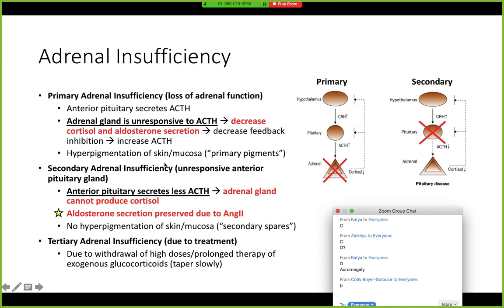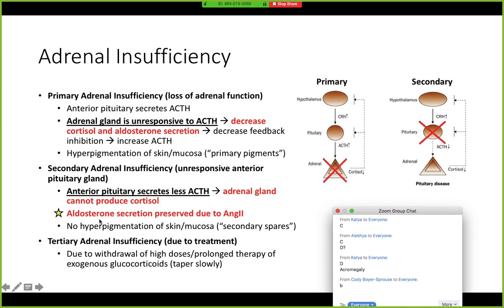So in secondary adrenal insufficiency, you have an unresponsive anterior pituitary gland. So your anterior pituitary gland is going to secrete less ACTH, and because you're secreting less ACTH, your adrenal gland cannot produce cortisol.